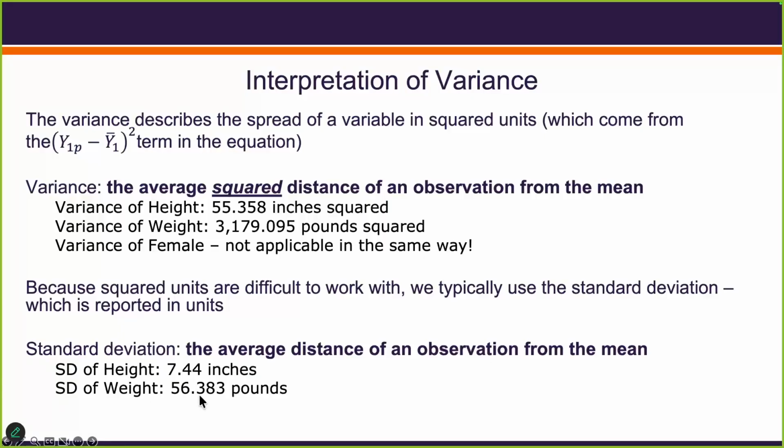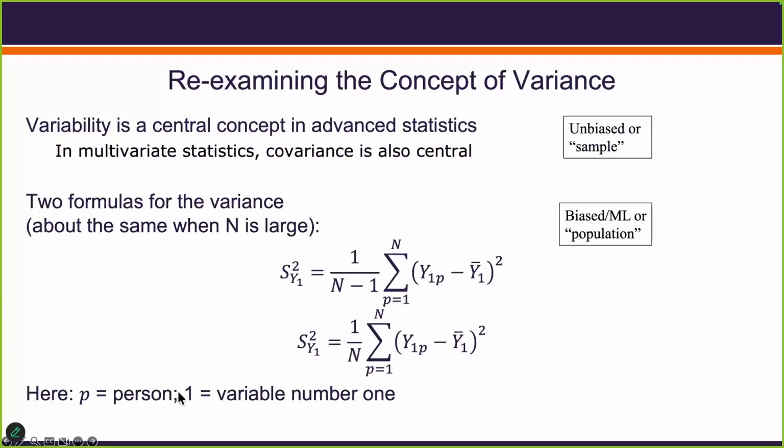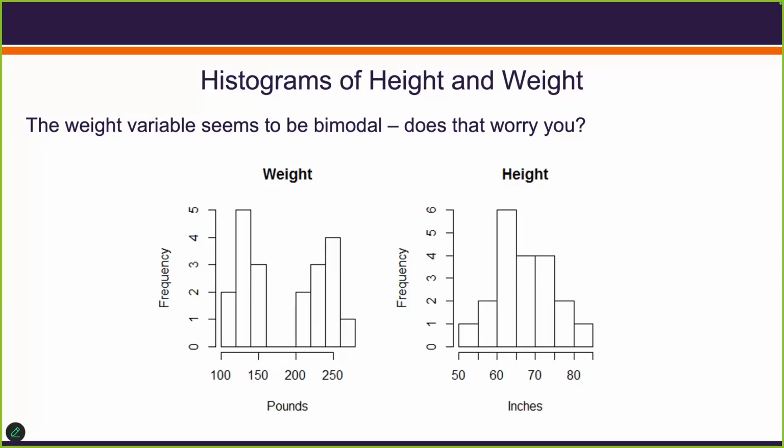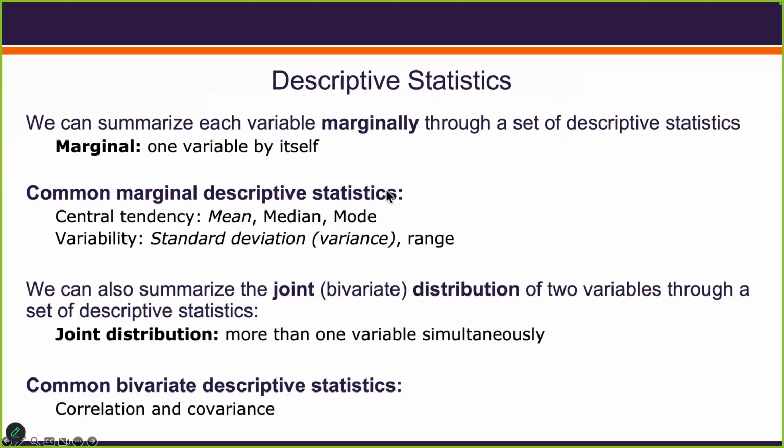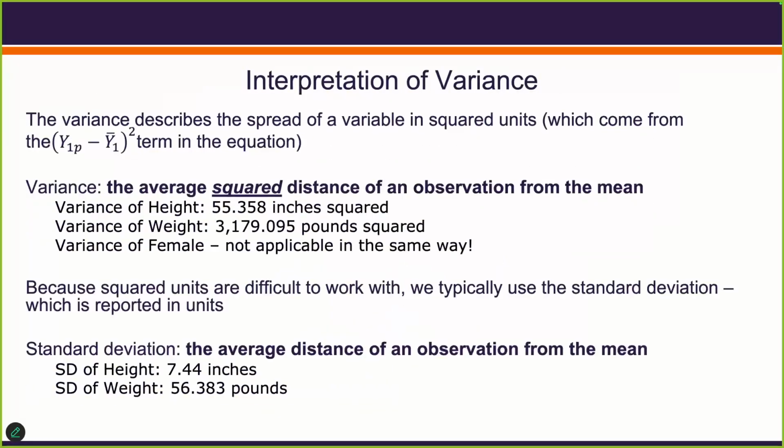The standard deviation of weight means that, on average, a person is about 56 pounds from the mean weight. And if you remember that distribution, the mean happened to be near nobody, so that's a very far distance on average from any one case. So variances and standard deviations are averages, but averages of deviations, which is an odd way of thinking about it. How are we doing so far?